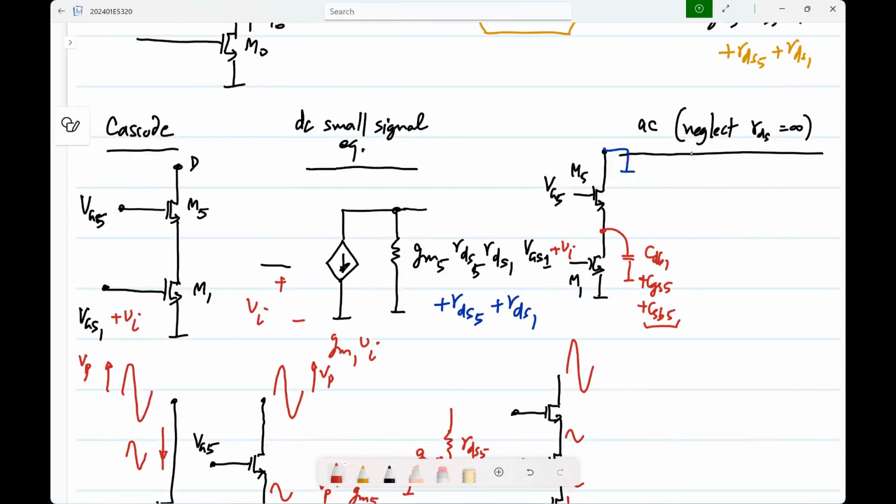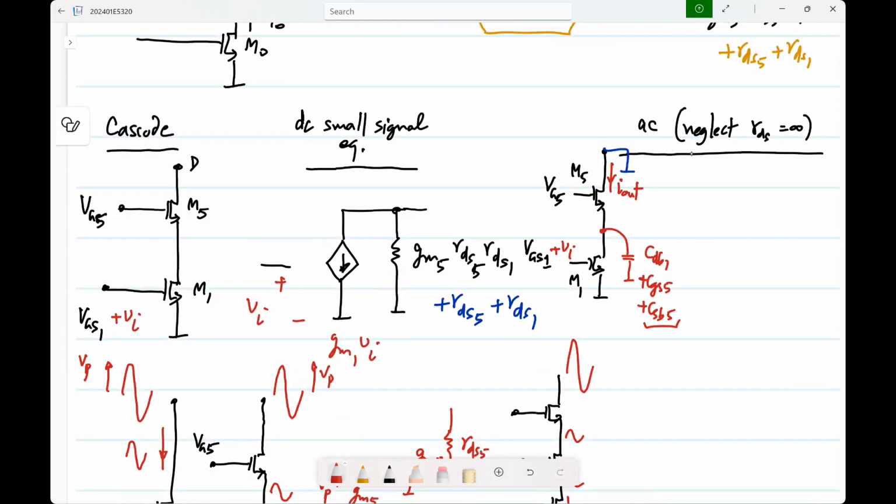Now, what is the effect of this parasitic capacitance? We thought of this as a transconductance, right? Without this, it is simply Iout by Vi. What will it be without this parasitic capacitance? Without this parasitic, what will be Iout by Vi? gm1, that's all. Now, with this parasitic, what happens? Yes, at high frequencies.